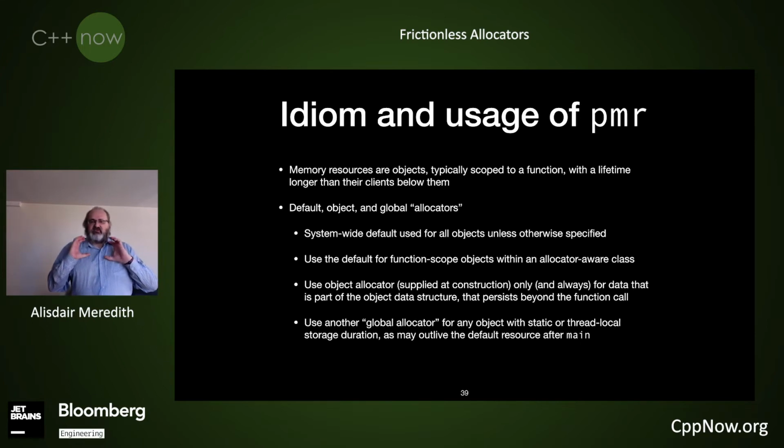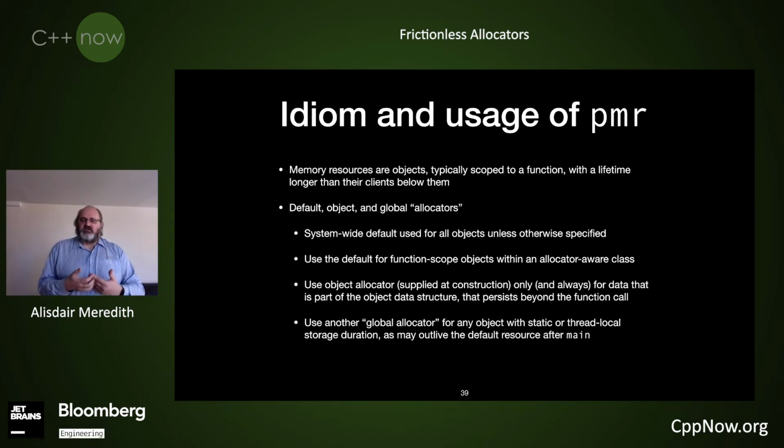But if it's just a temporary transient object that's going to be created to help compute a result, but is not going to be stored within the lifetime of the object, in those cases, even though it's a member function of an allocator-aware object, you go back to the default allocator, because what you're constructing, say a string to do some extra logging that's then not going to be stored long term, is not a part of the whole object system itself.